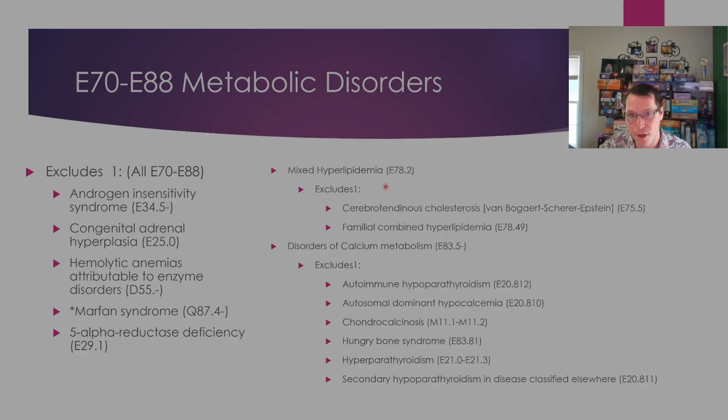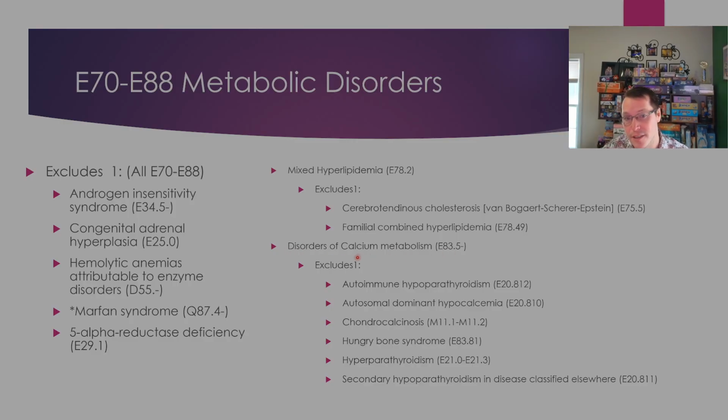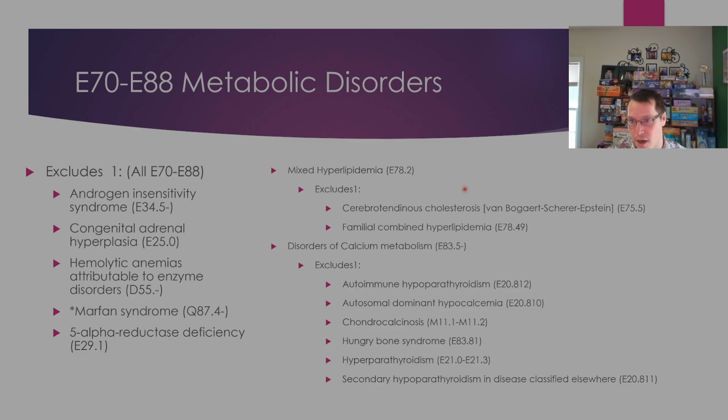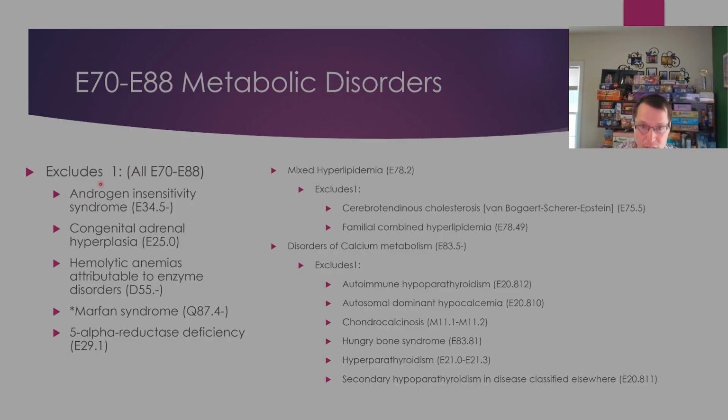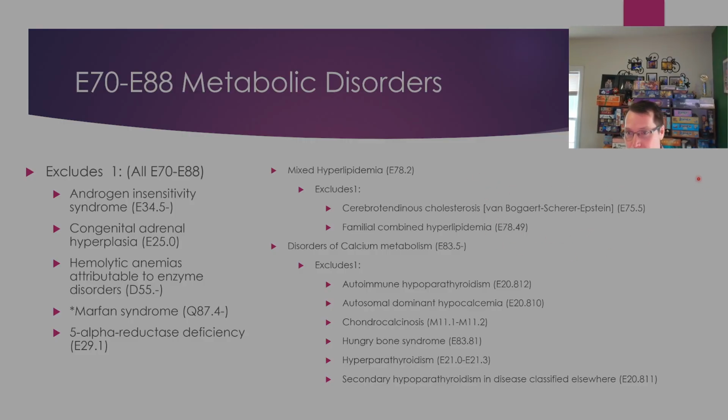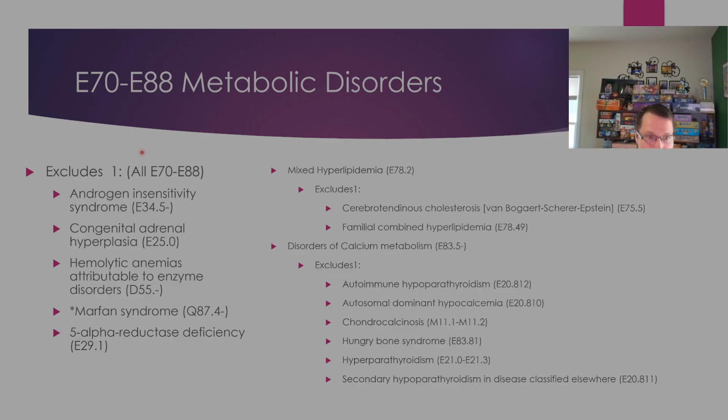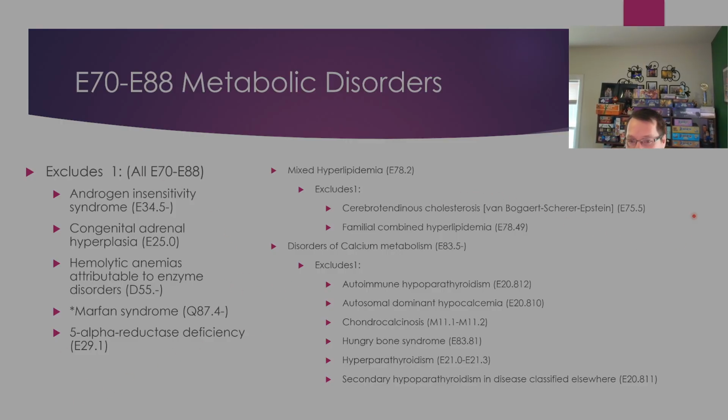And then there's a couple carve-outs here where mixed hyperlipidemia and disorders of calcium metabolism each have their own additional carve-outs for excludeds. So it's always important to look at the whole chapter summary, because it might seem like hyperlipidemia only has 2 exclusions when you look at the book. But actually, if you look all the way back to the guidelines, it has all 5 of these as well. So just make certain you're aware of these.